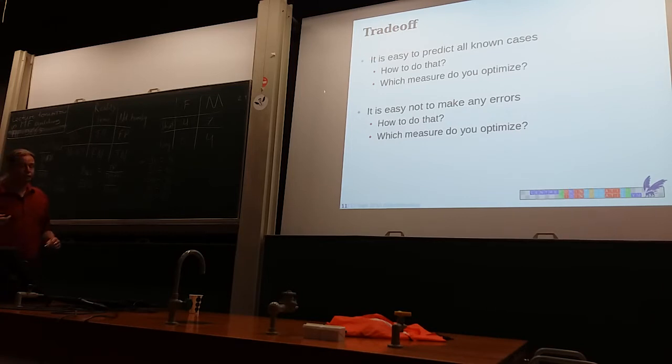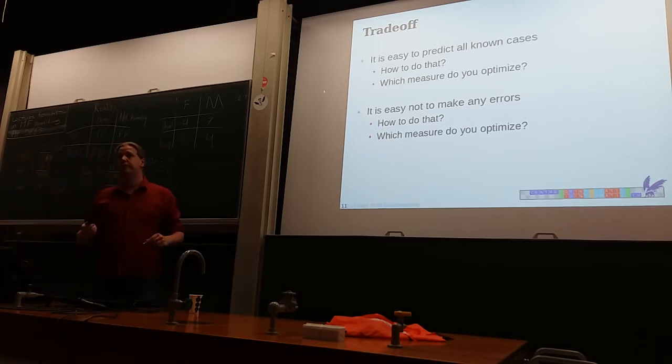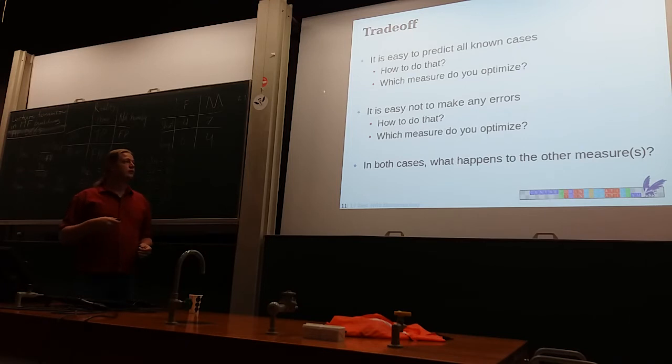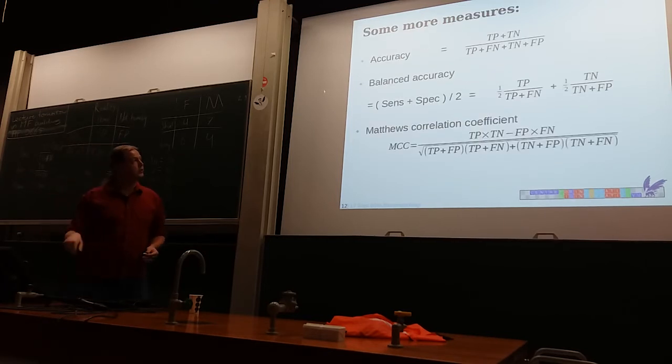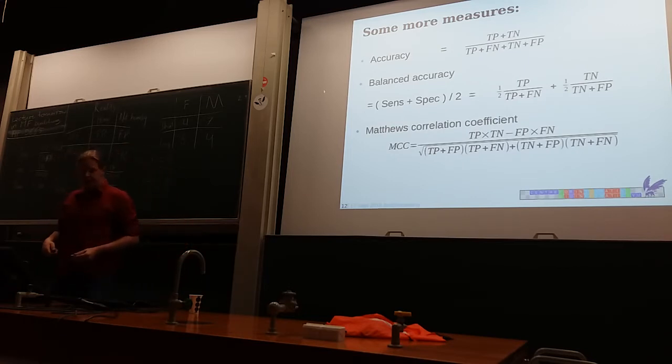So this is the trade-off that your benchmark has to deal with. It is finding this threshold such that you have a high sensitivity and a low error. Now, I won't spend too much time on this, but this is important to have seen at least once in your life. The accuracy for a benchmark prediction you can express as the sum of true positives and true negatives versus the complete sum of observations.